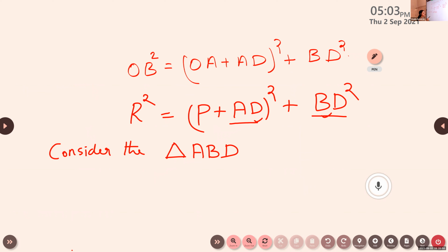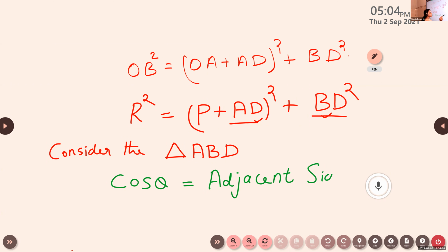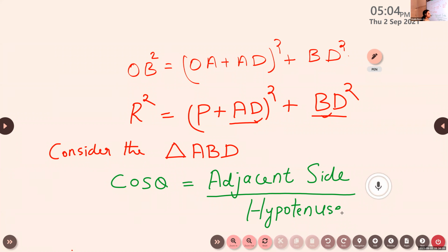From this triangle, what does cos theta represent? In trigonometry, cos theta is equal to adjacent side divided by hypotenuse.